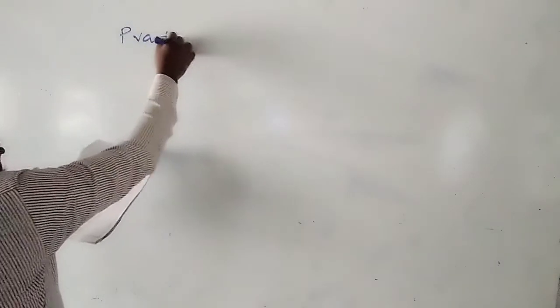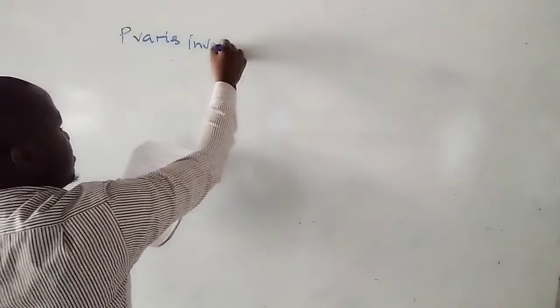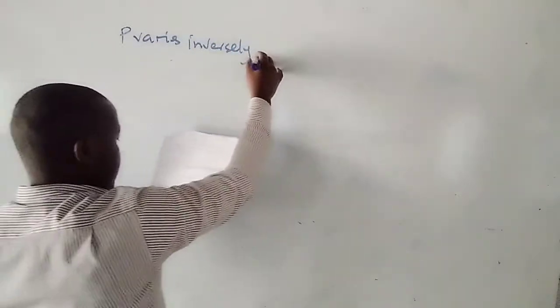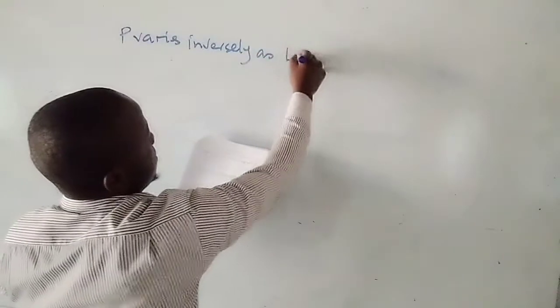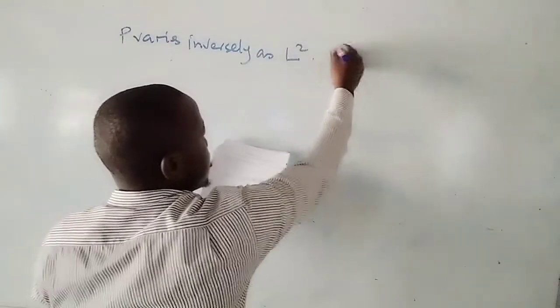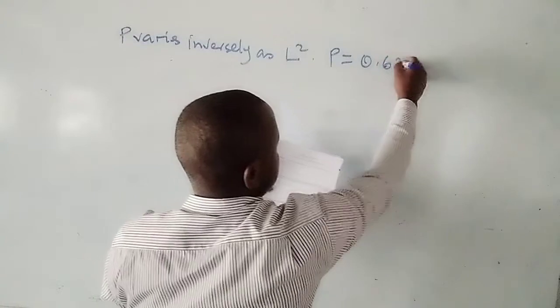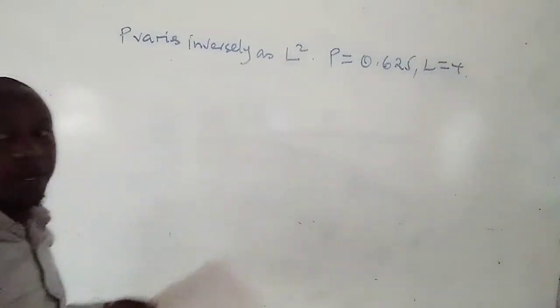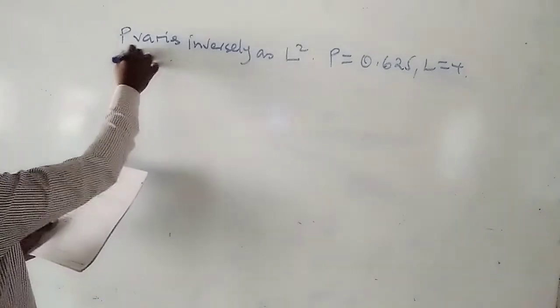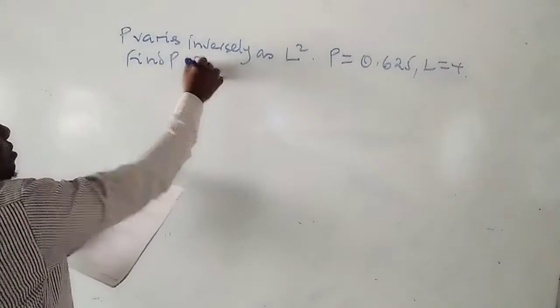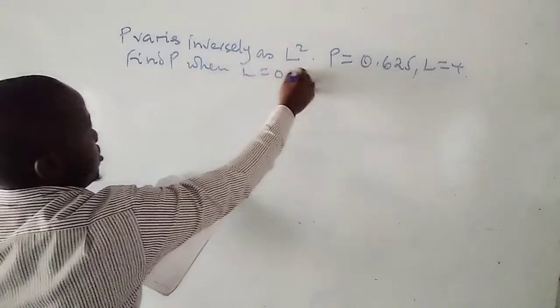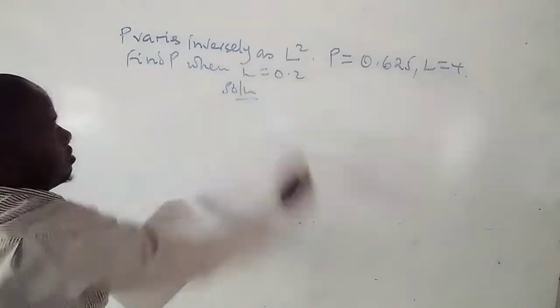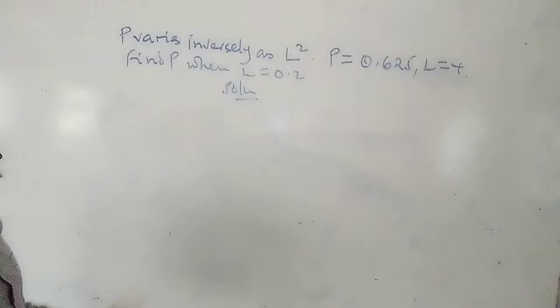We are told a quantity P varies inversely as the square of L. Then we are told P is equal to 0.625 when L is 4. Find P when L is 0.2.